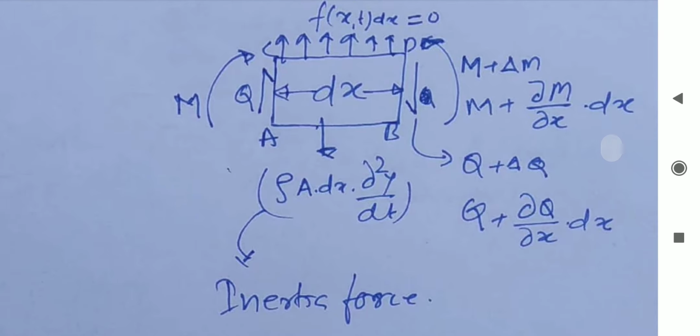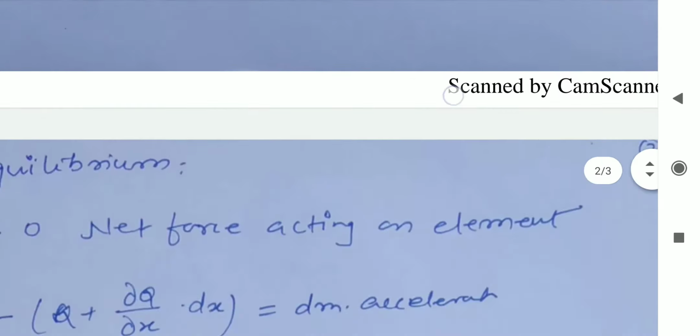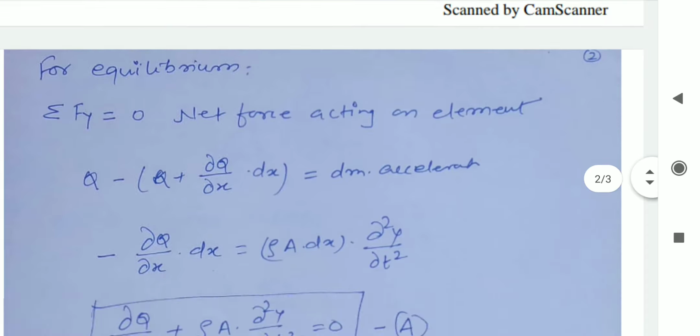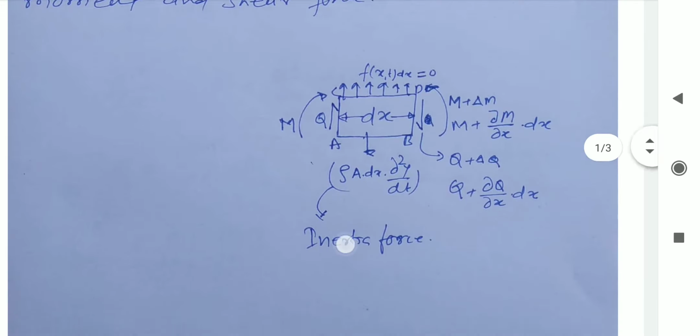After drawing the free body diagram showing the moments and forces, the next step is to write the equilibrium equation. For force equilibrium, the force acting in the perpendicular direction, the y direction, is equal to 0.